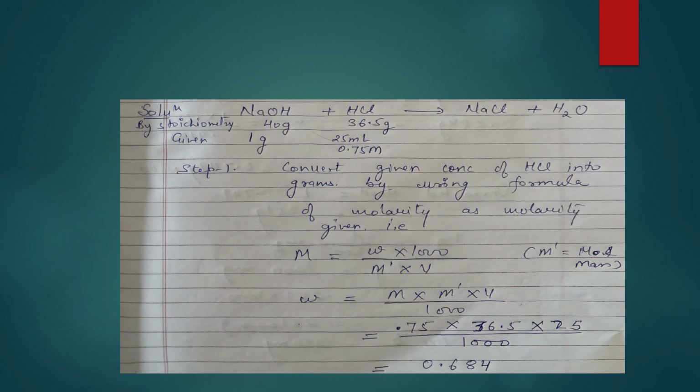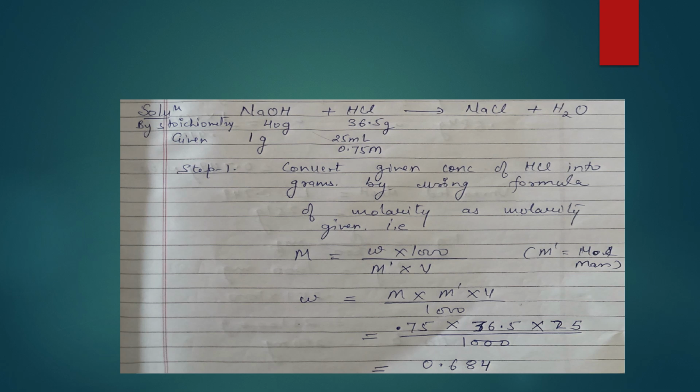Now, as you see by the question, we have the reaction NaOH plus HCl gives NaCl plus H2O. This is the balanced chemical equation in which, if we read this reaction in grams, then by stoichiometry, 40 gram of NaOH reacts with 36.5 gram of HCl.